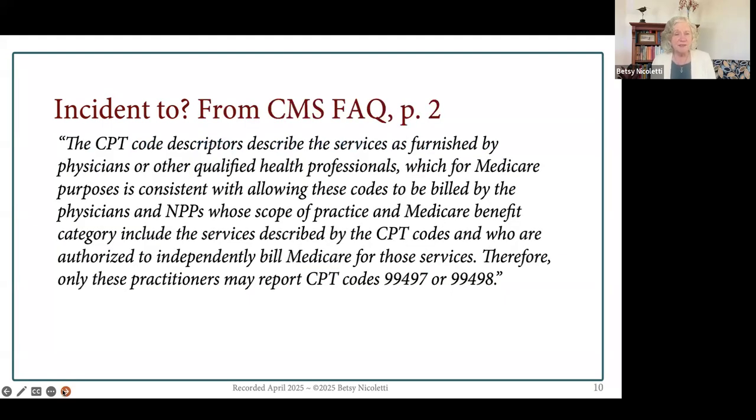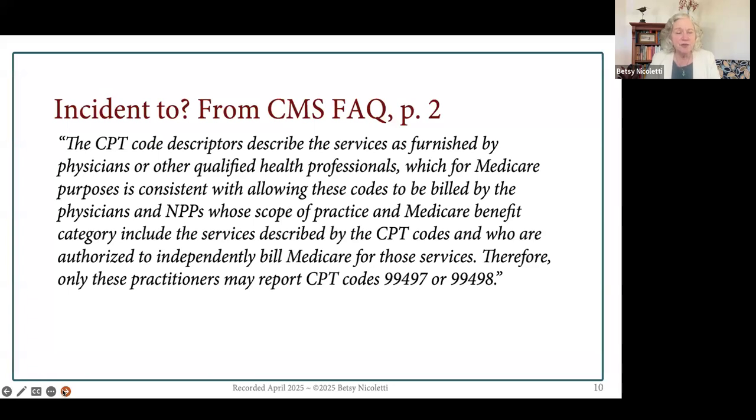So Medicare was asked specifically about incident-to, and they addressed that in their frequently asked questions about advanced care planning on page 2. Again, the citation's up on slide 2. And here's what they say.